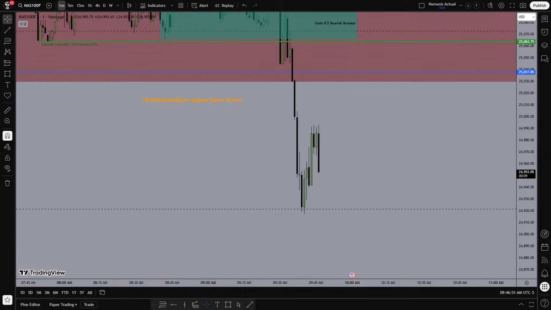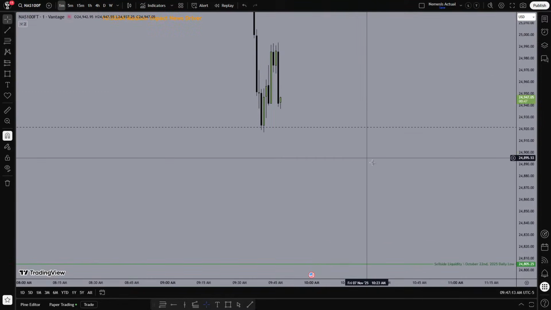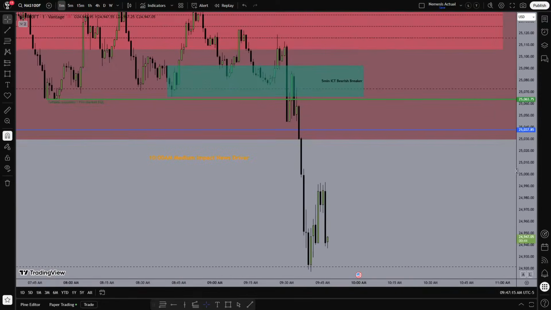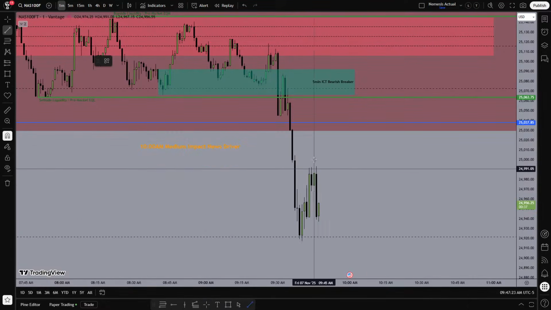We've been running all day long lower. Nasdaq expanded from that. So the news are about to hit in 13 minutes. And note the macro also.